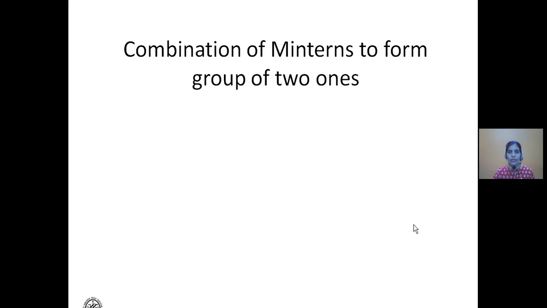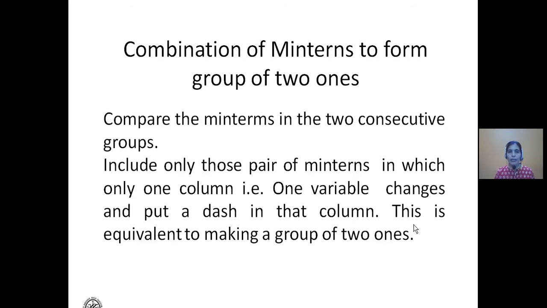So the procedure is to compare the min terms in the consecutive groups and include only those pairs of min terms in which one column changes, that is, one variable changes, and if one variable changes, put a dash in that column, and this is equivalent to forming a group of two ones.